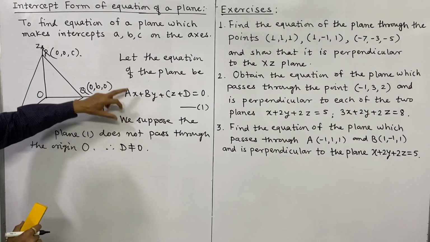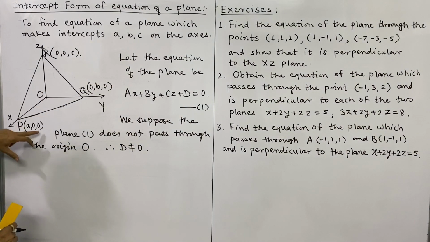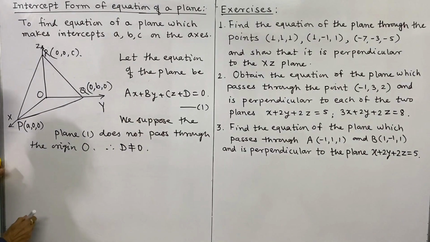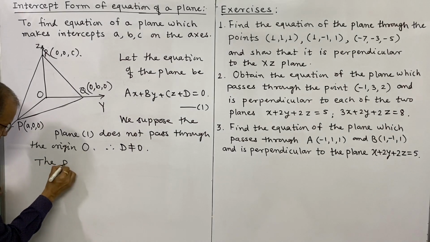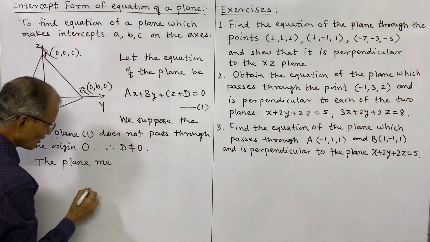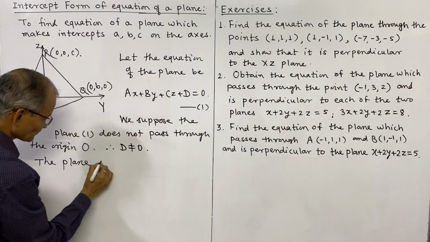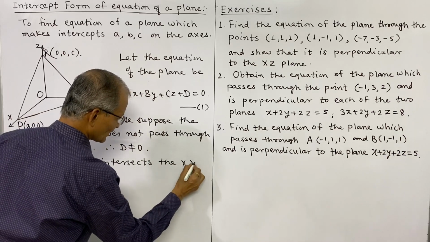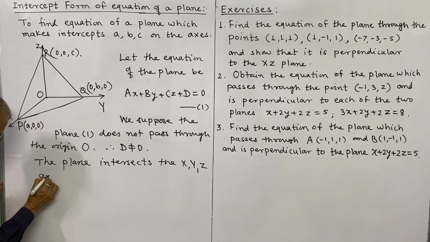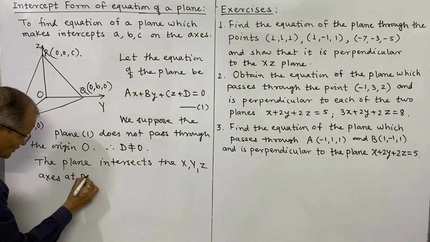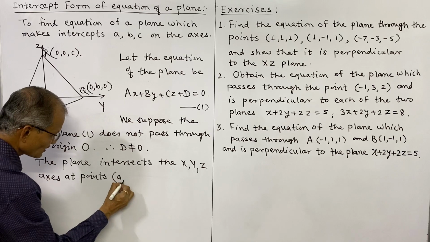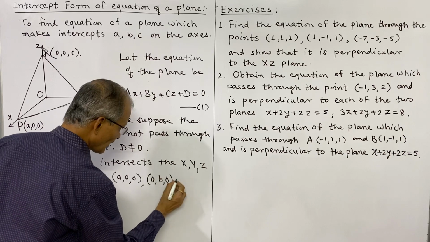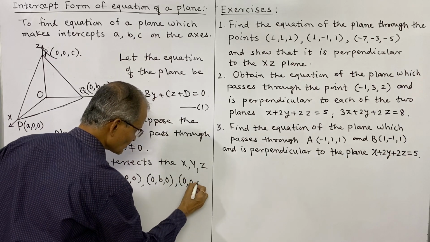Now the plane cuts the x-axis at the point a, 0, 0, etc. And we will use this condition further in equation 1. The plane intersects the x, y, z axes at points, say, a, 0, 0, then 0, b, 0, and 0, 0, c.